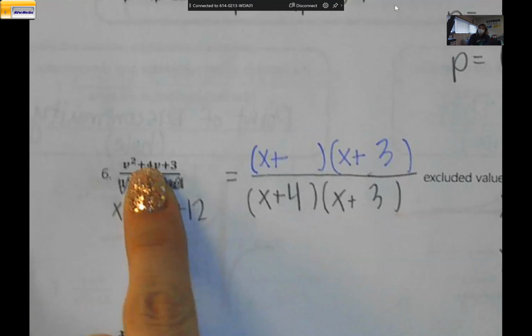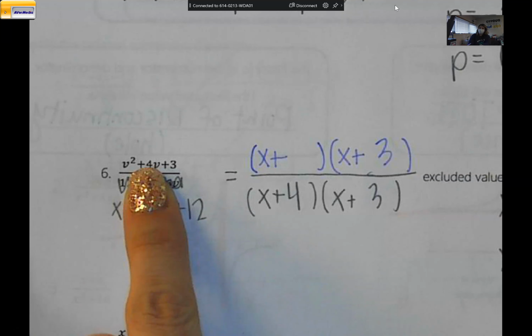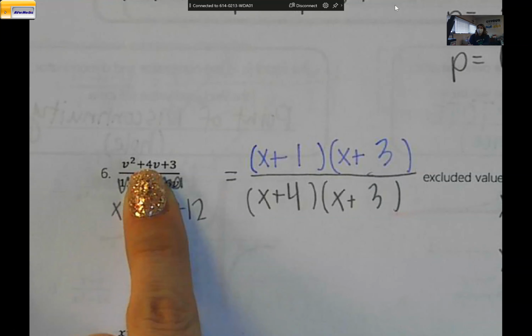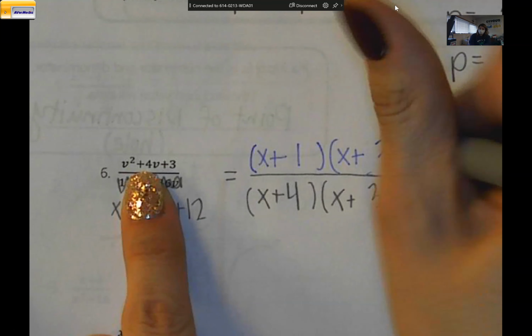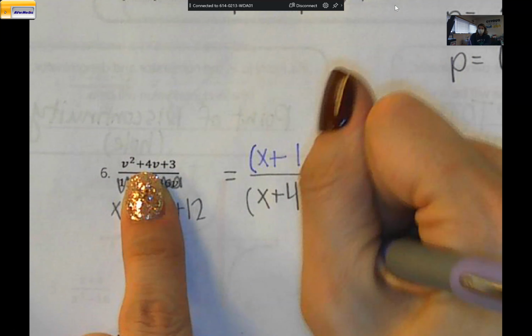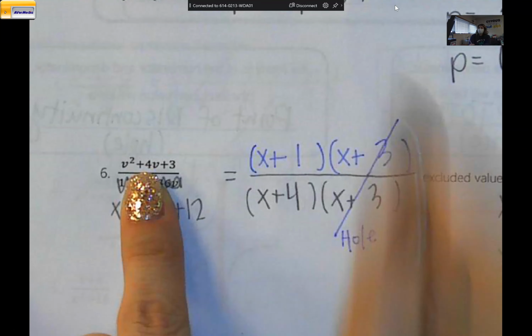So if you plug that into Desmos, you should get that this factors out to x plus 1, x plus 3. Now you have x plus 3 in the top and the bottom, which means this is a hole.